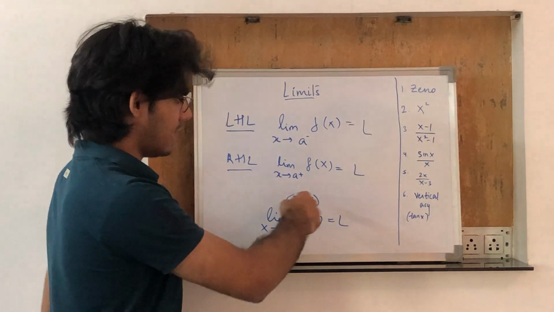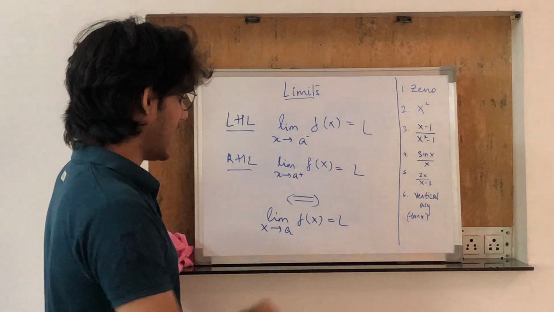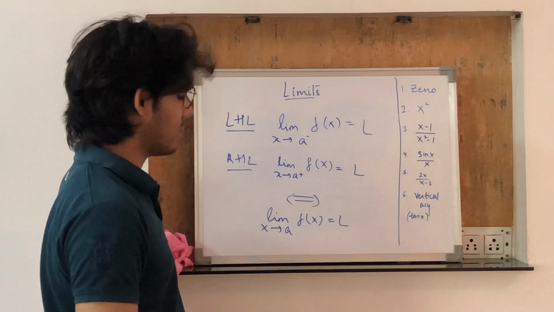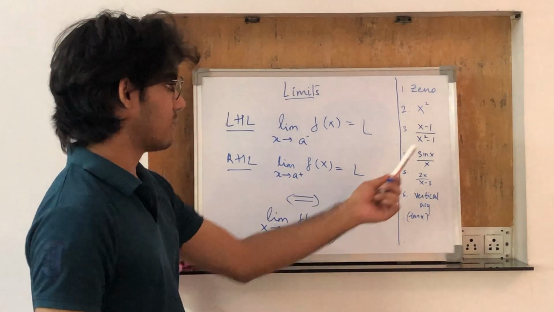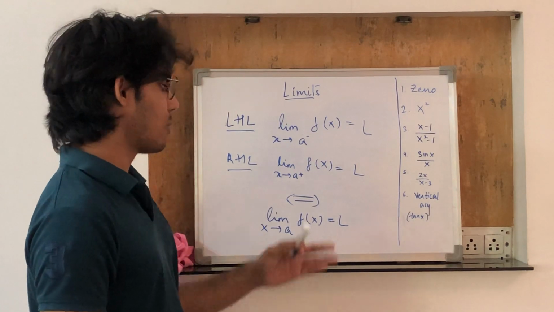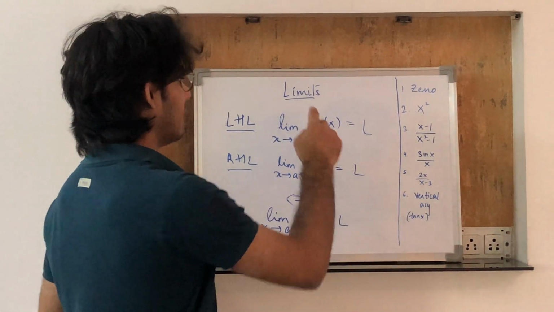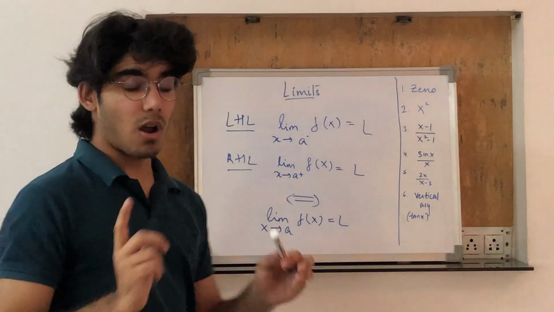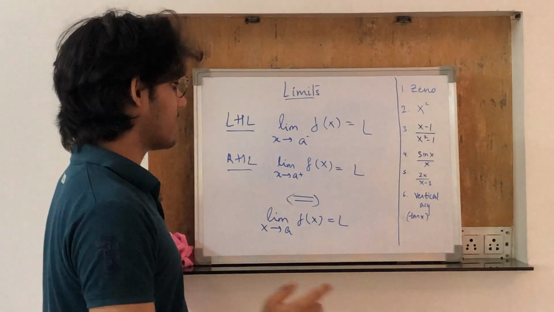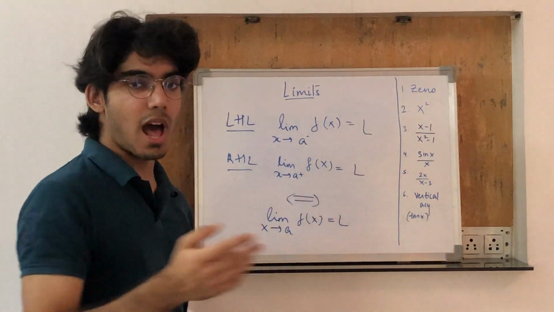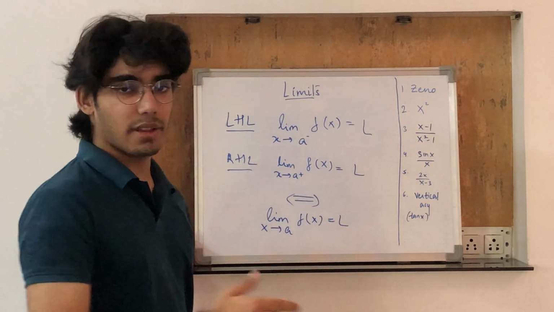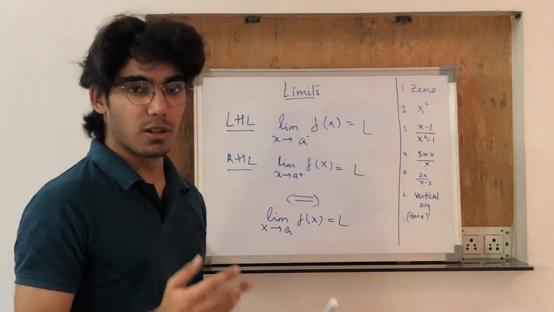You can see the two arrows here. So it means that if we know that x approaching 1 for this function f of x is going to give us 1/2, then that means that the left-hand limit and the right-hand limit are also going to approach 1/2. So if these two numbers are not equal, then this is not going to give us L, right? We cannot make that conclusion.